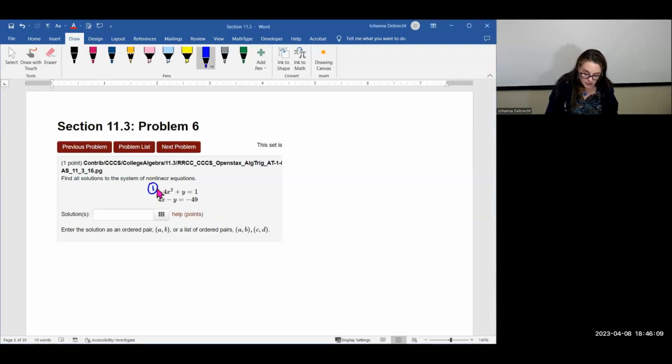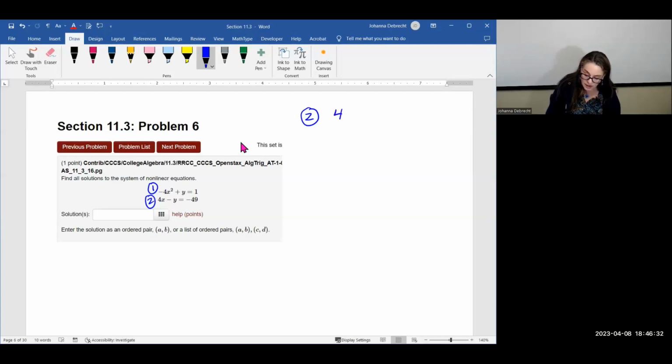So I'm going to number these as 1 and 2. I need to take my substitution expression from equation 2, which is the line. The x has a 4 attached, which means I'd have to divide by 4 to isolate x. But y, even though it has a negative attached, also has the coefficient of 1. So I'm going to go for y.